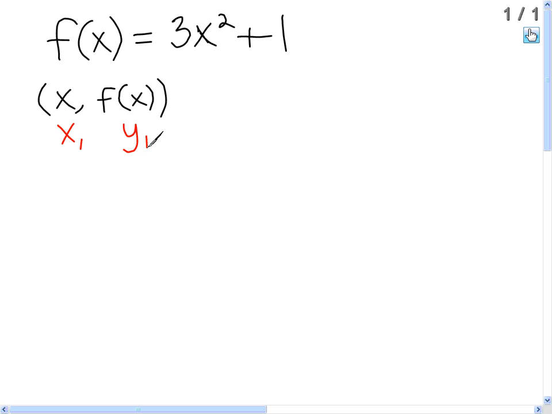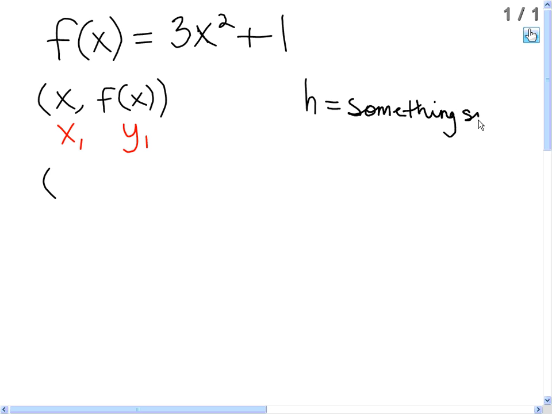Good. So remember, we talked about some other point that's very, very close to this particular point. So the x value would be very, very close to this first point's x value, which we're calling x. So remember, we talked about letting h be something very, very small that I'm adding to x.